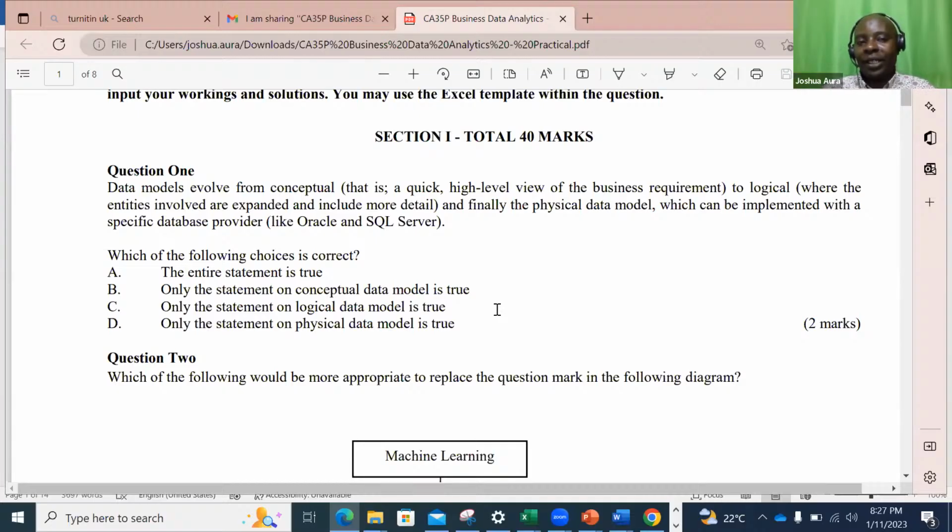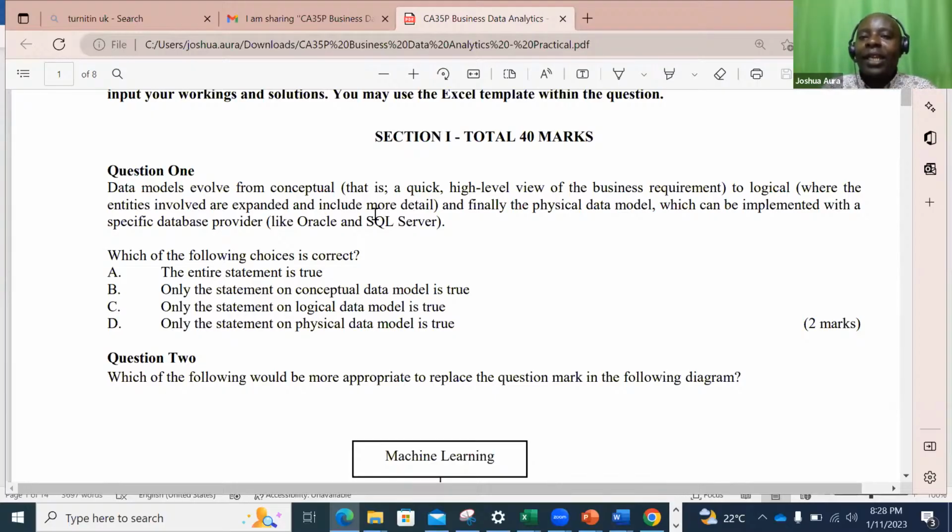And then you come up with a regression model. So these data models normally evolve from conceptual, which is a quick, high-level view of the business requirement, to logical, where you provide relationships, like what relationships do we have between, for example, female and so on, to logical, where the entities involved are expanded and include more detail because you have expanded this model.